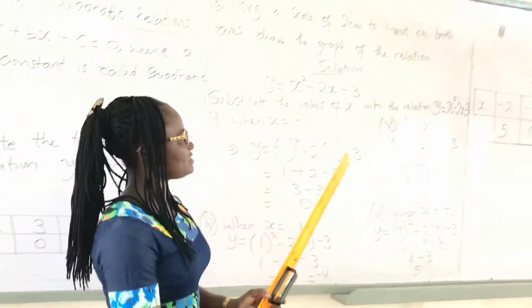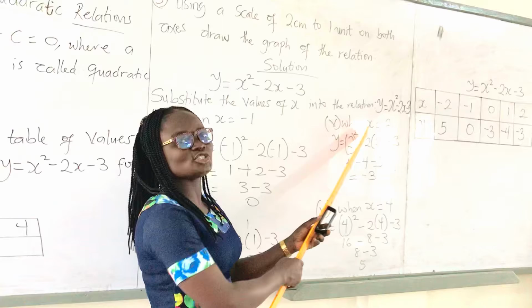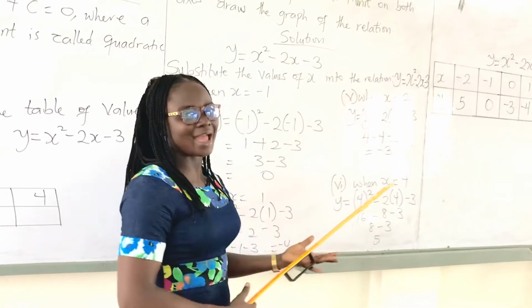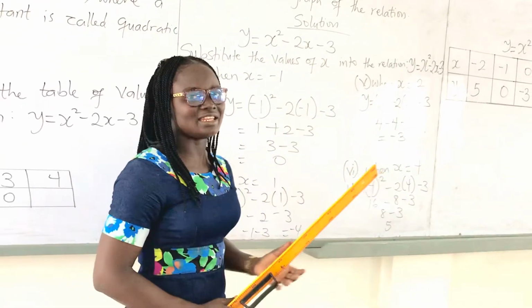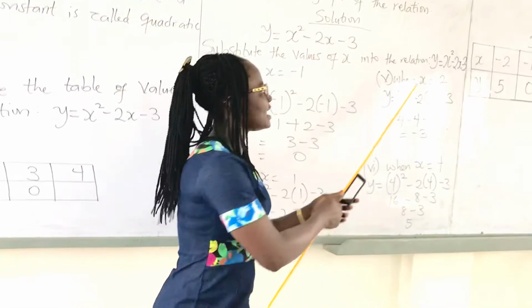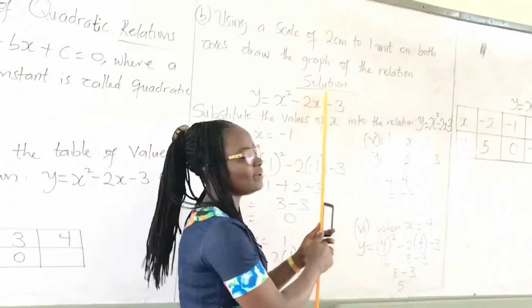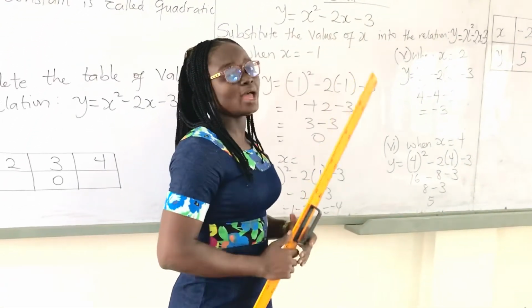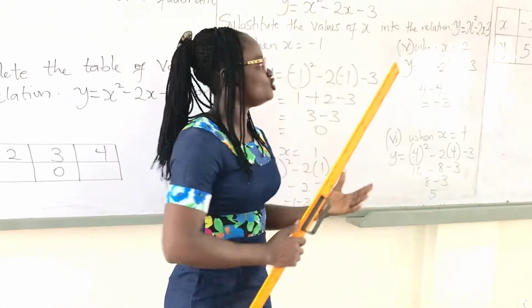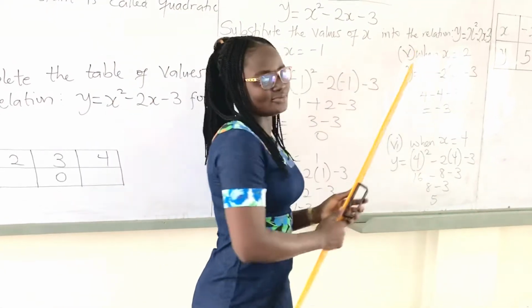The next is when x is 2, what is our y? The same procedure. Substitute x equals 2 into the relation given to you. Wherever you see x, you put 2 over there.